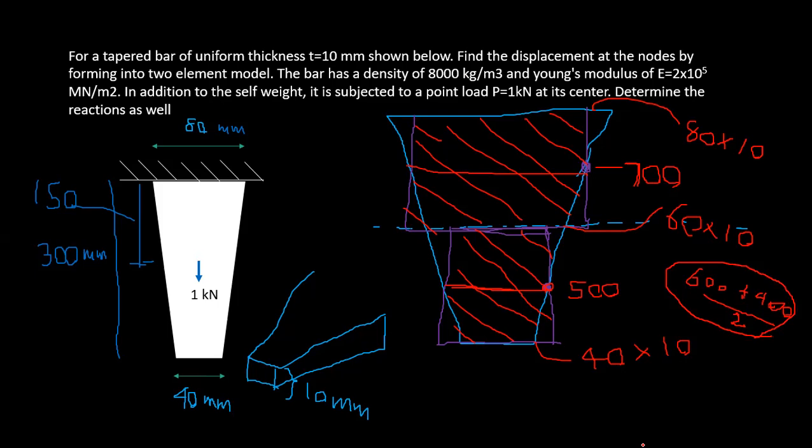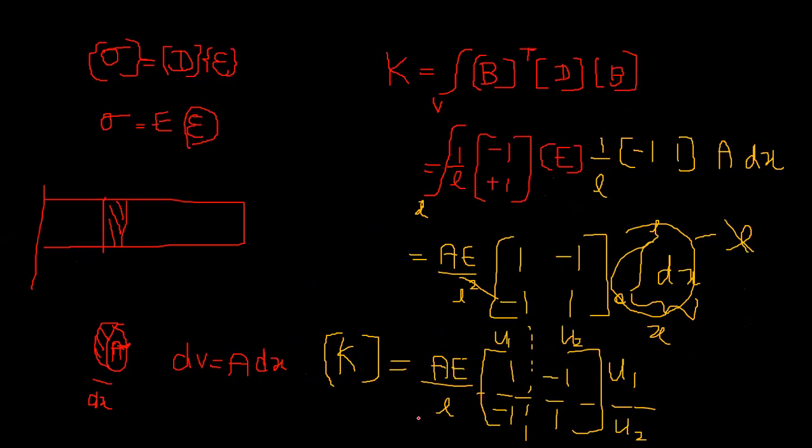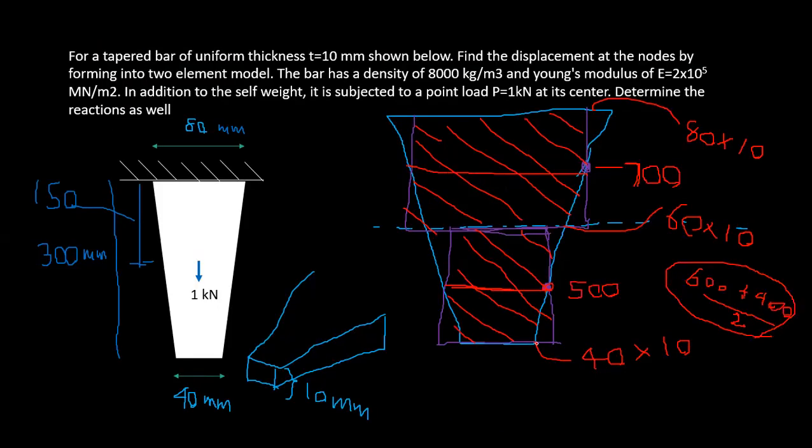There are 2 elements, so you have 2 stiffness matrices and you have to assemble them. For each element you can write a stiffness matrix like this, and you have to assemble it for the global structure. Let me write that.